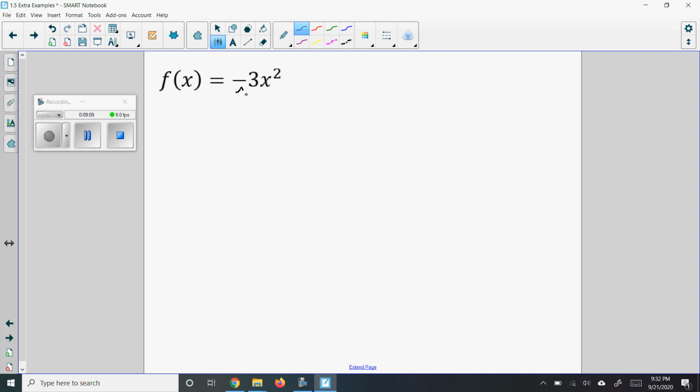Okay, this negative and this 3 are outside the square. So again, the parent is x squared. This negative on the outside is a reflection over, right, the y, oops, the x-axis.